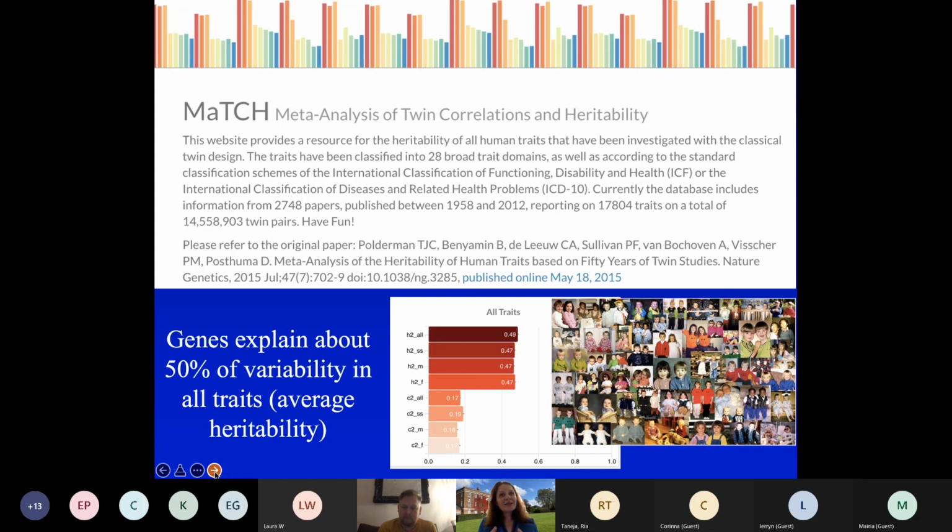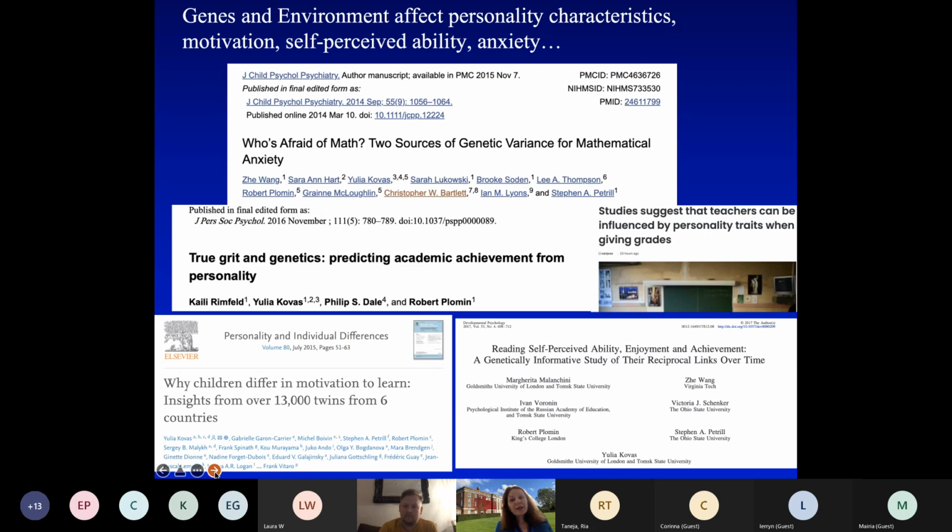So today, science has definitively demonstrated that the nature-nurture debate has been resolved. It is both genes and environments, and they often interact, and I'll say a little bit more about this. Here I'm just showing several snippets of data, several publications, which you can find as the slides will be available to you. Many of them are open source.